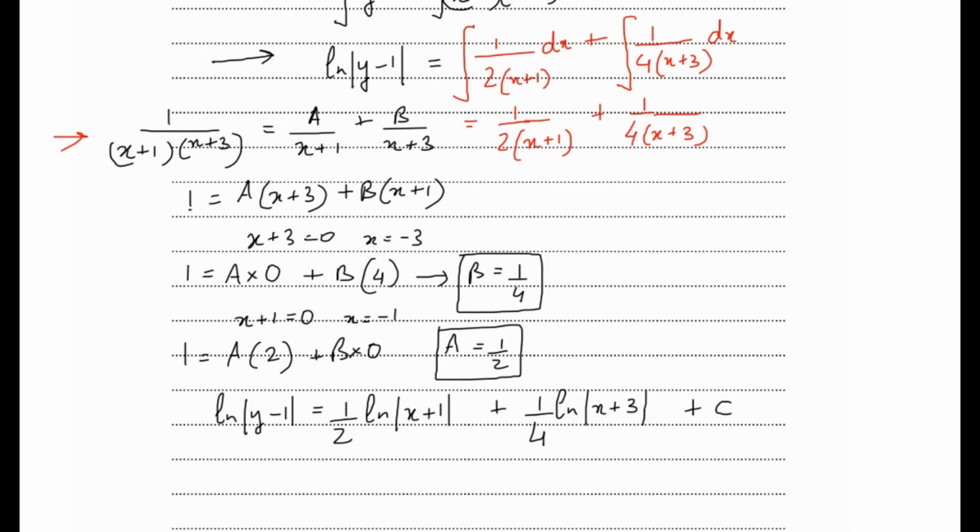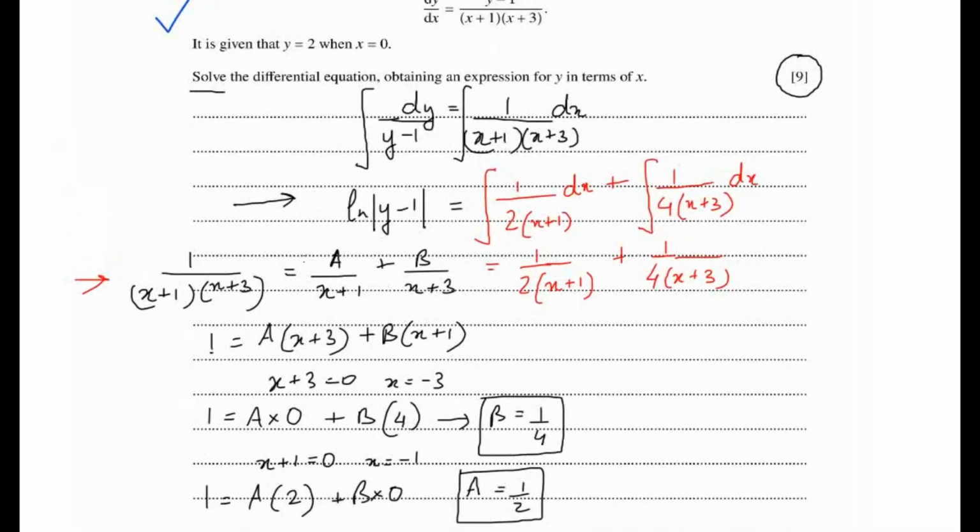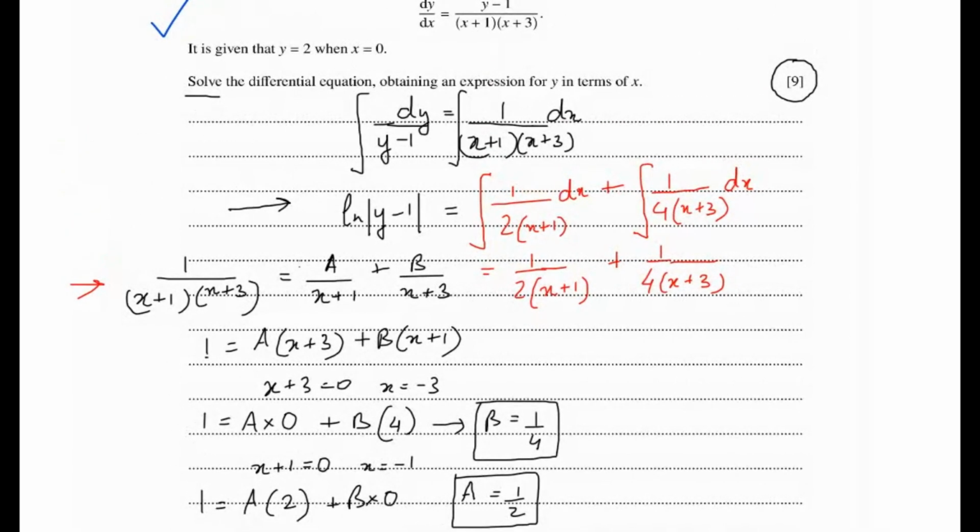So that's the general equation, and now we have to find the value of c by using y is equal to 2 when x is equal to 0.